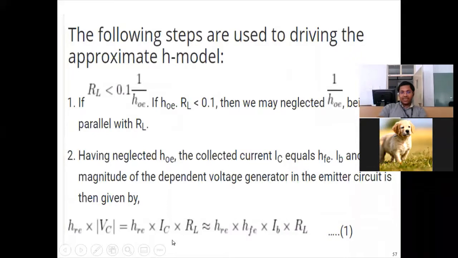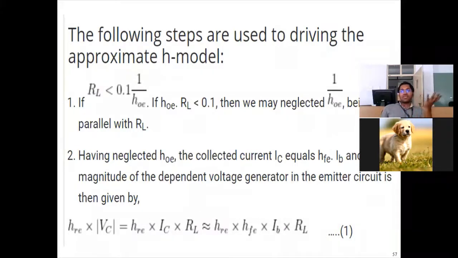We are writing V_C in terms of I_C and R_L, and taking the magnitude, because when you want to neglect, it doesn't matter whether the value is positive or negative. 0.001 I can neglect; minus 0.001 is also close to 0.